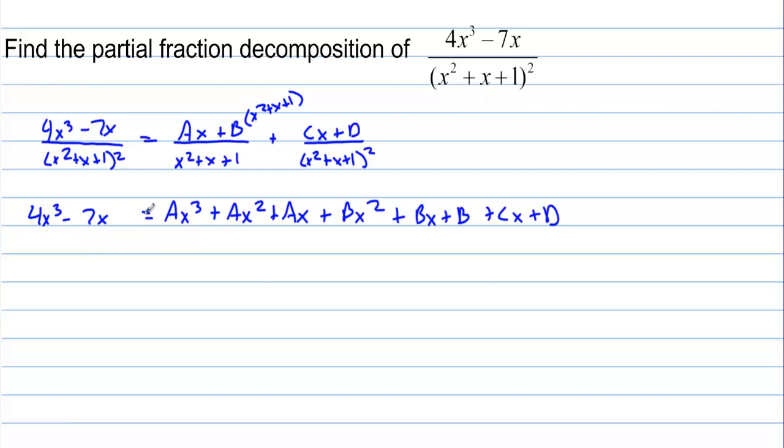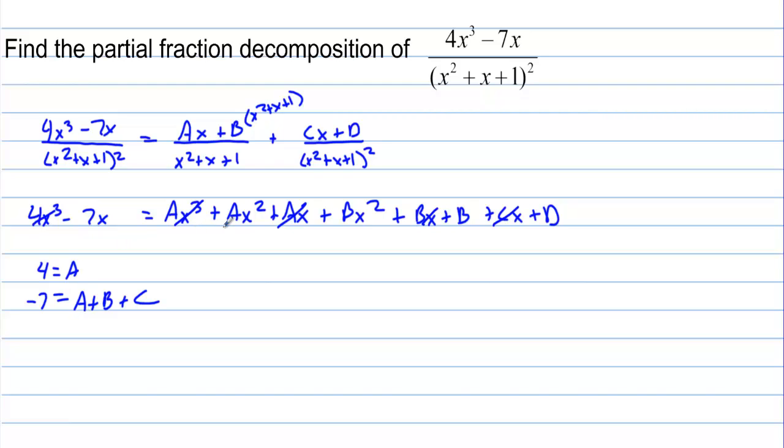Let's start with the x to the thirds. We have 4 on the left. That's equal to a, so we can cancel these out. Let's look at the coefficients of x. We have negative 7 is equal to a plus b and plus c.